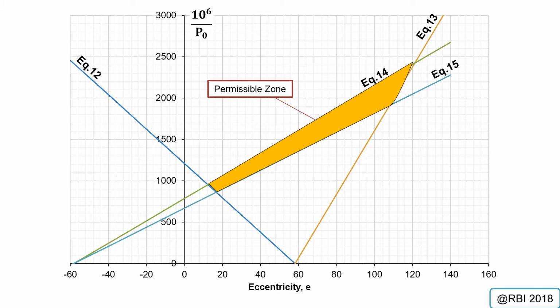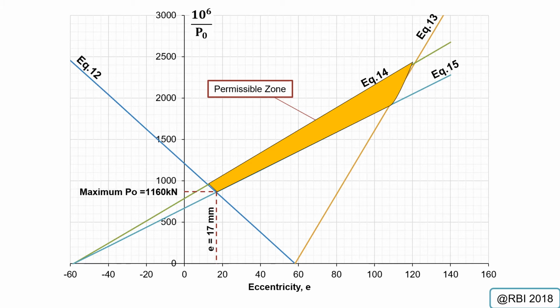With these lines, you will be able to determine where the maximum point and the minimum point are. You go to the lowest point of your boundary. The lowest point of the boundary gives you the minimum value of 10 power of 6 over P naught, which represents the maximum economic prestress force.